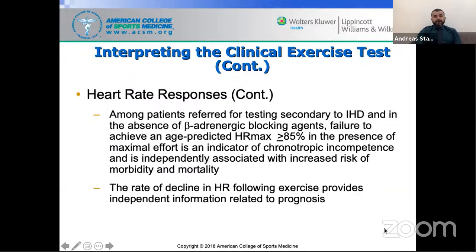As you see above that, among patients referred for testing secondary to IHD, and in the absence of beta blockers, failure to achieve an age-predicted HR max equal or above 85% in the presence of maximal effort is again an indicator of chronotropic incompetence. And we talked about chronotropic incompetence. If you don't remember what it is, we talked about it last week and last semester. Go look it up again, okay?